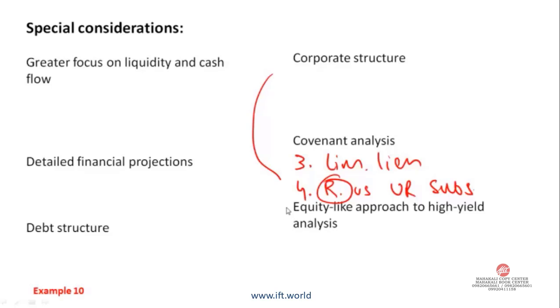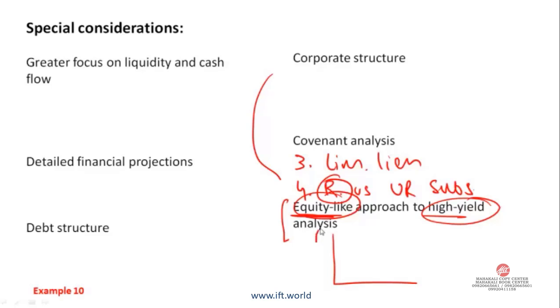The final point here is one that I touched upon earlier, that the analysis of junk bonds is a lot like the analysis of equity, and there is sufficient evidence that points to the fact that the risk and return profile of high yield bonds falls somewhere in between the risk return of stocks and regular corporate bonds.